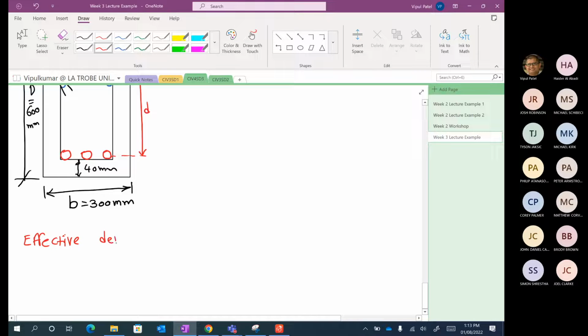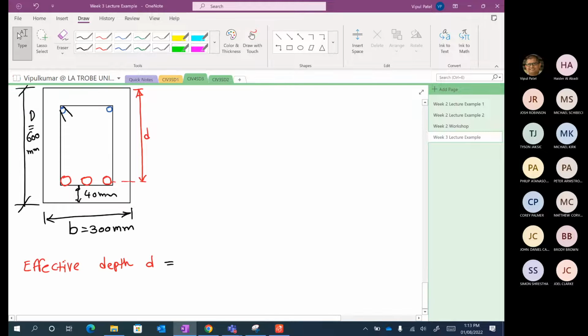Effective depth small d is equal to capital D, which is 600 millimeters, take away the cover 40 millimeters, take away the fitment diameter 10 millimeters, take away 24 millimeter divided by 2, because you can see this is in the middle.